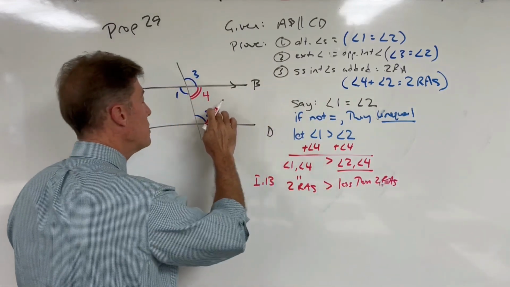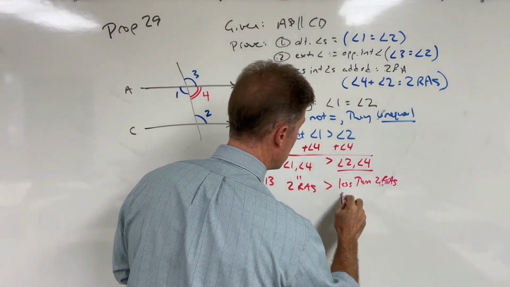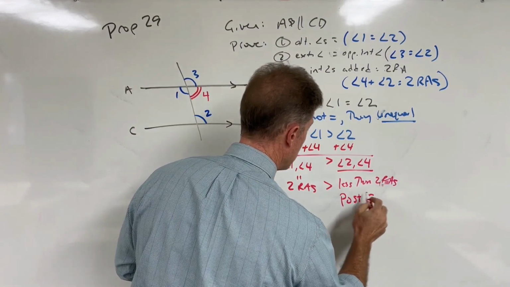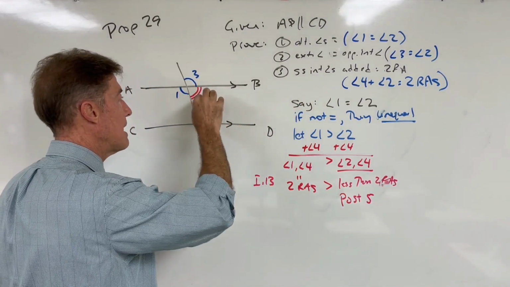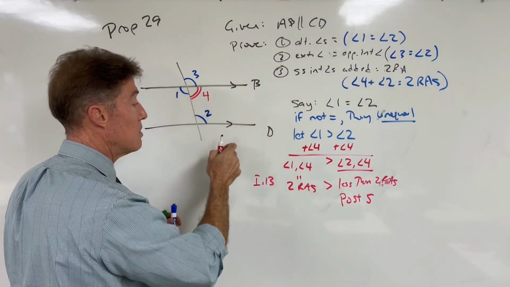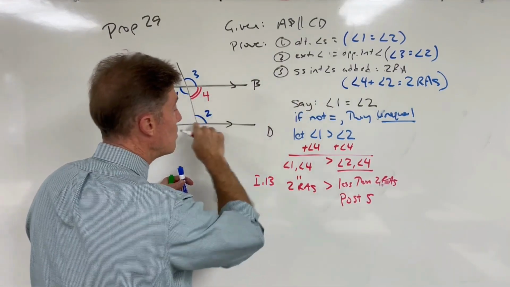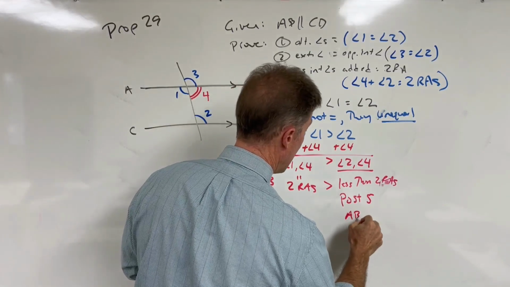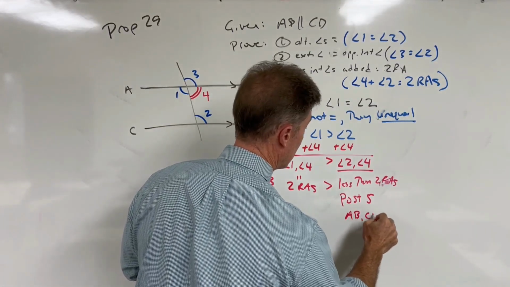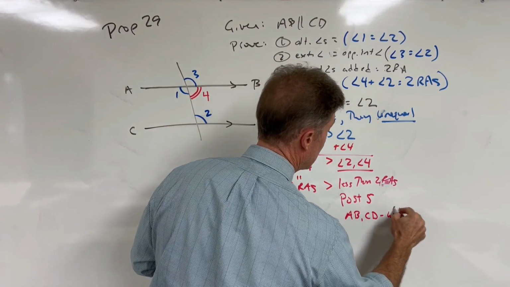But if 4 and 2 are less than two right angles, postulate 5 tells us that when you have two lines with a line falling on them making the same side interior angles less than two right angles, then those lines, when extended, will meet. Therefore, we know that if we extend AB and CD indefinitely, they will meet.